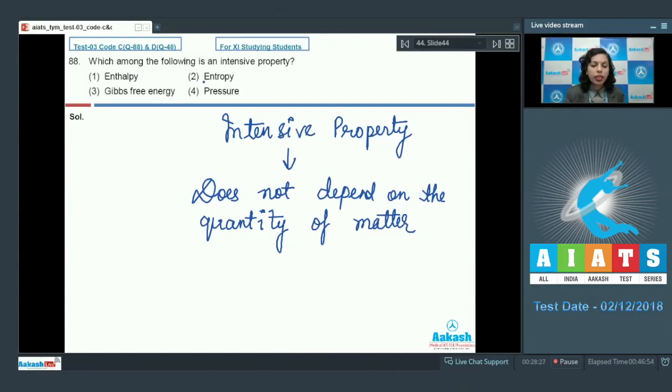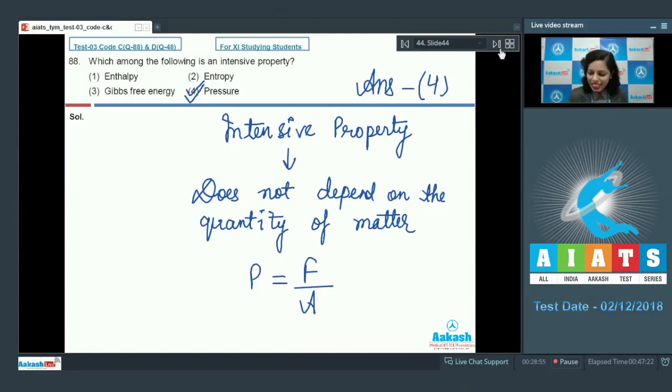And now if you look at the given properties, we'll identify that pressure is force upon area. It means it only depends on force as well as area, not on the quantity of matter. While if we talk about other properties given here, all are extensive properties. And that's why the correct answer is given in option 4, and that is pressure.